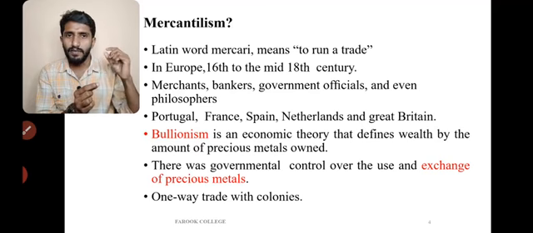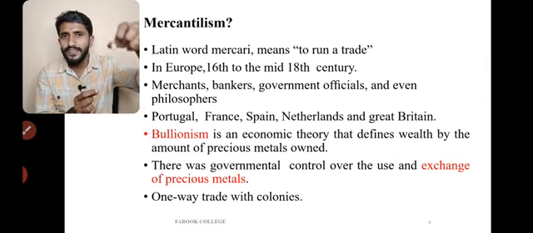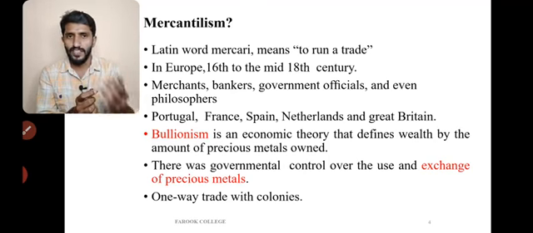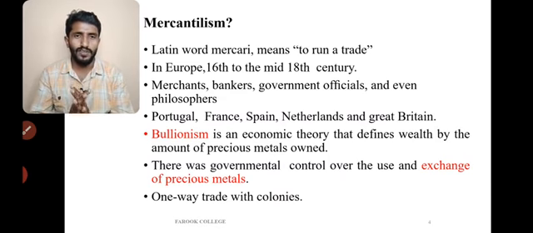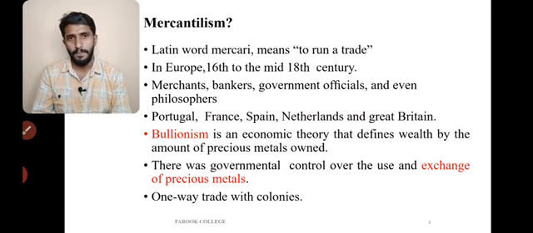Some of the countries like Portugal and Great Britain were always trying to create colonies and utilize, or we can say loot, these colonies for their purpose. And India was also a colony of Great Britain. So the Britishers were exactly looting India for their own purpose.